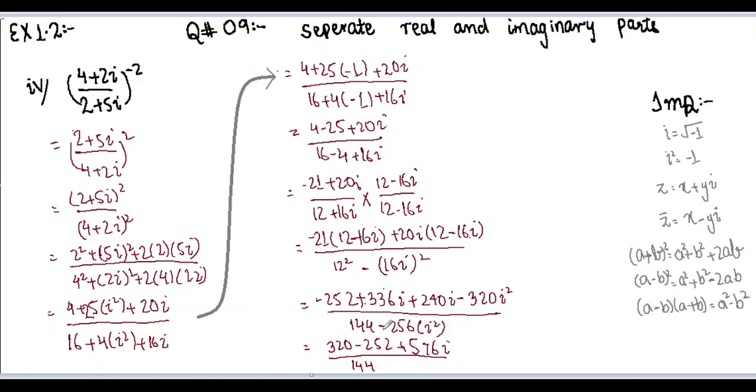This negative sign and this negative sign gives us positive 256. Why do we call it a negative sign? Because i² is equal to minus 1. So now moving towards the next step.